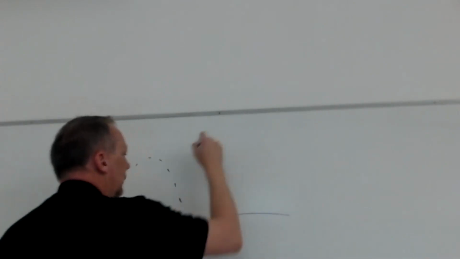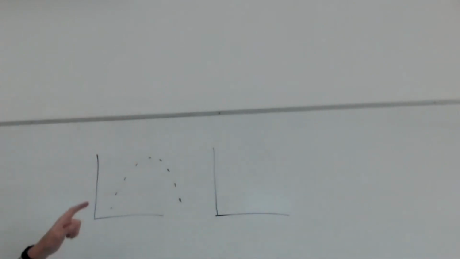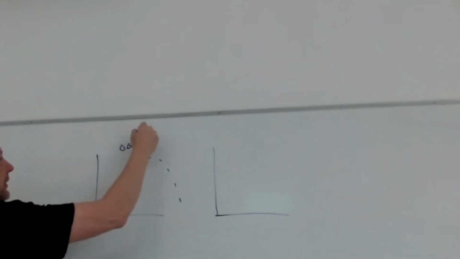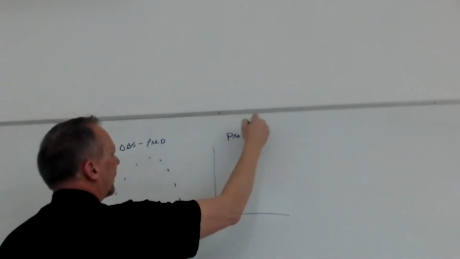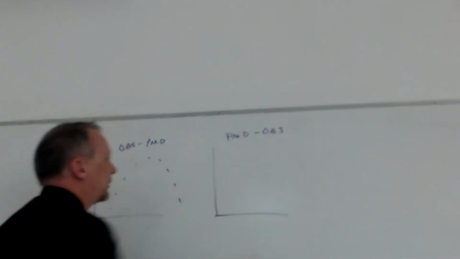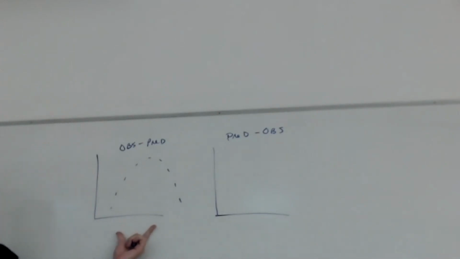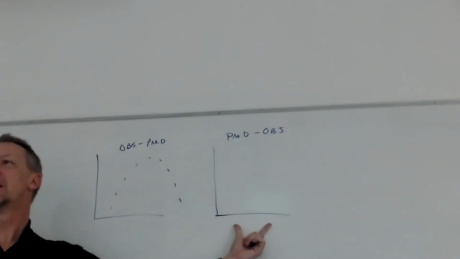Now, let's pretend this is the observed minus the predicted, and let's do this one as the predicted minus the observed. If this is the original graph, what would you expect this graph to look like?